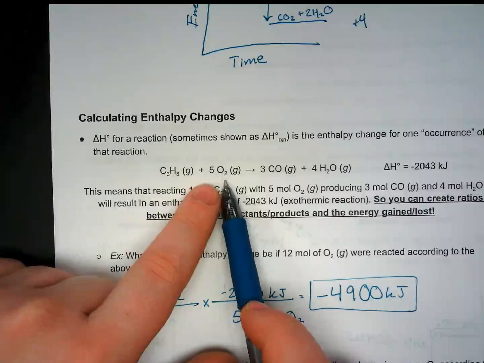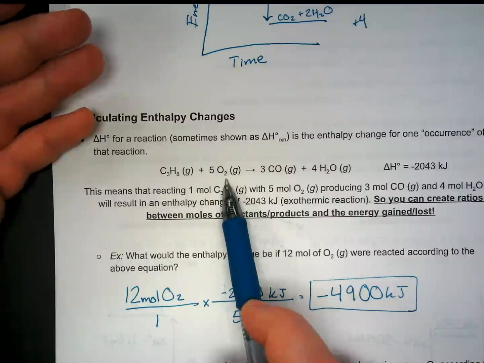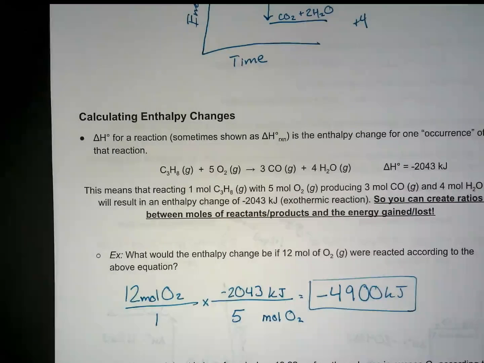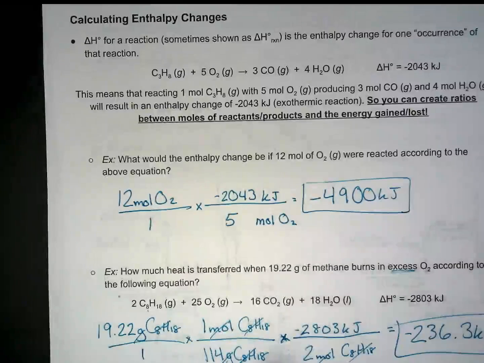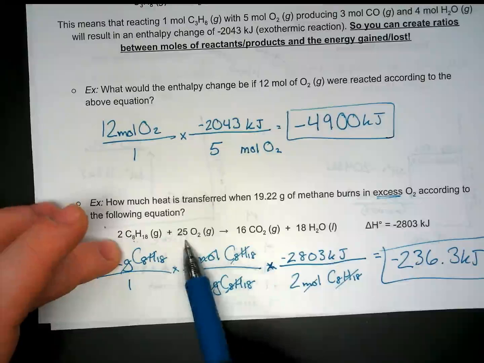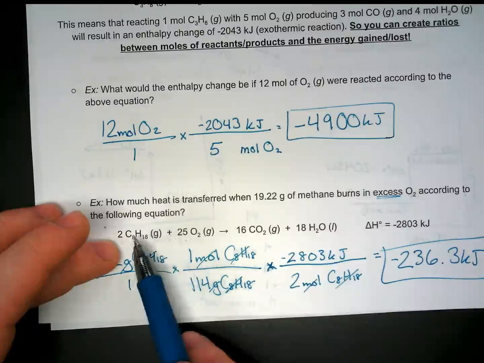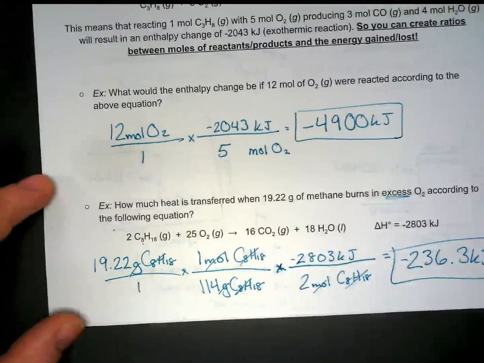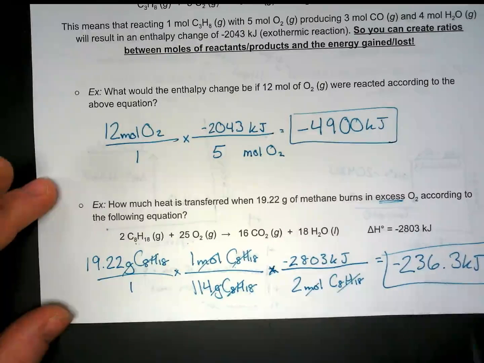If this runs out, you won't have a chemical reaction, and so when it runs out, how much energy is going to be lost or gained, and so then we calculated that. For this stuff down here, for methane, it's the same deal. We've got a limited amount of this stuff, and an excess of this stuff. We won't run out of it. So when we run out of this stuff, how much energy do we expect to be lost? This is how much energy.